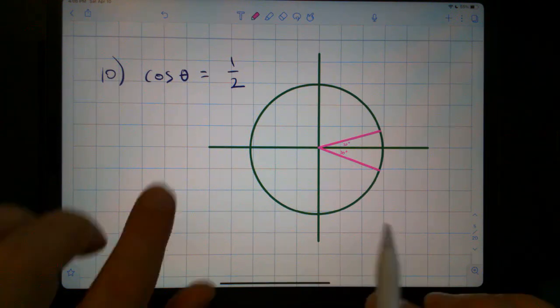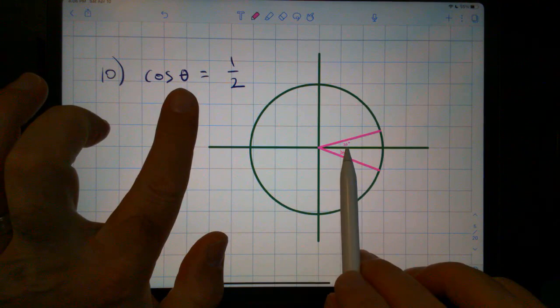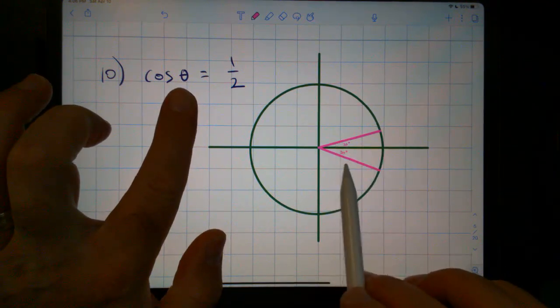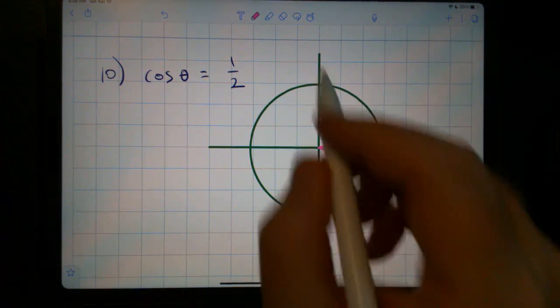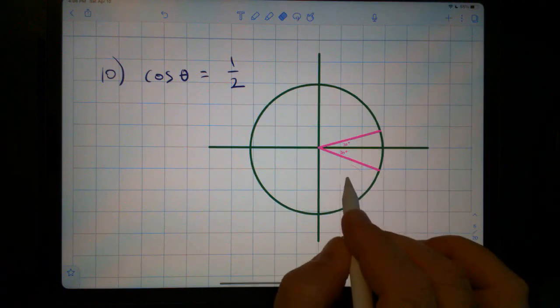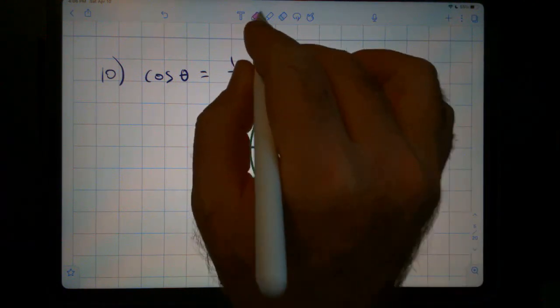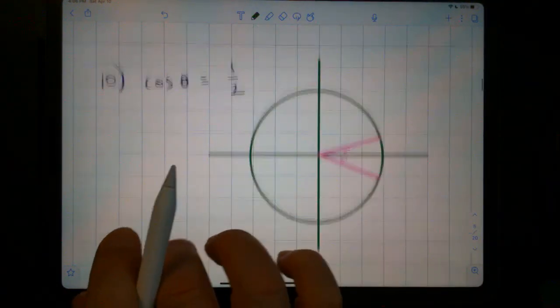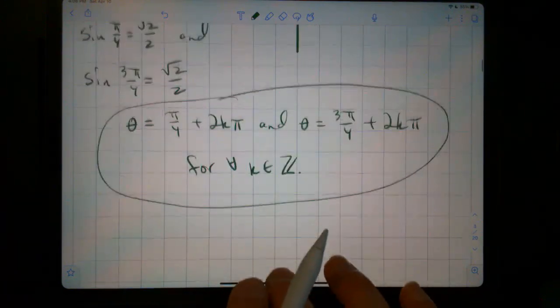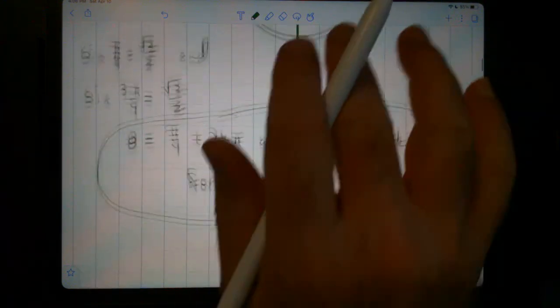Cosine of 30 degrees is 1/2. Cosine of negative 30 degrees is 1/2. Want this in radians? Yes.